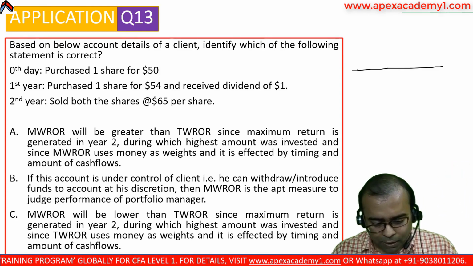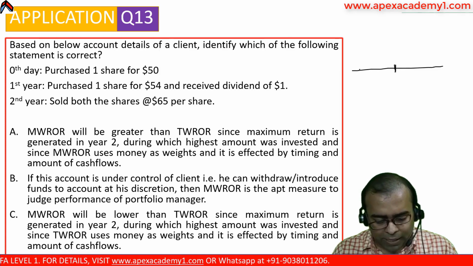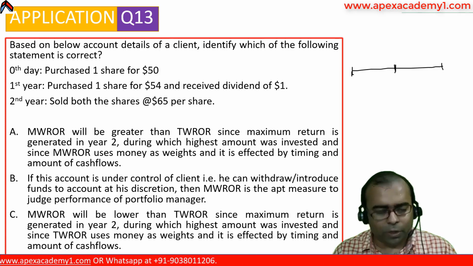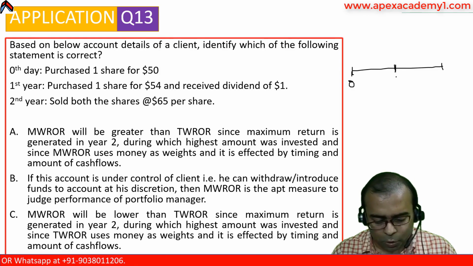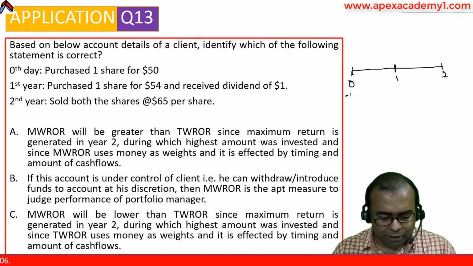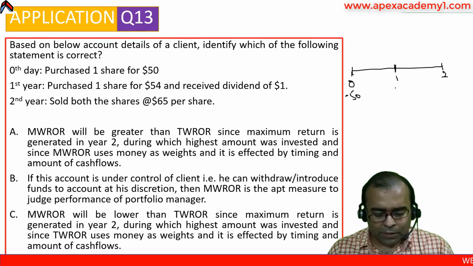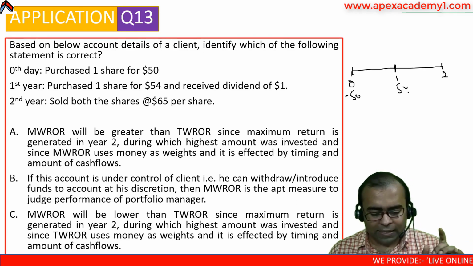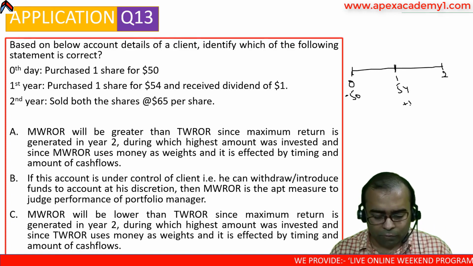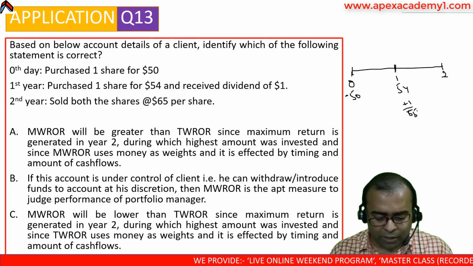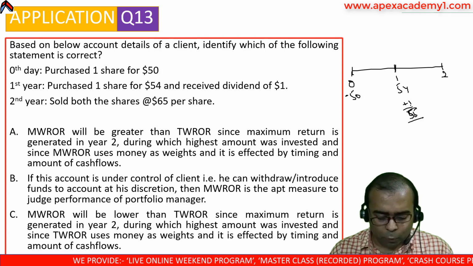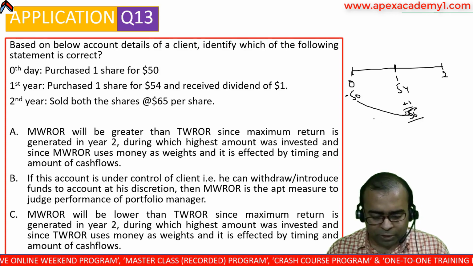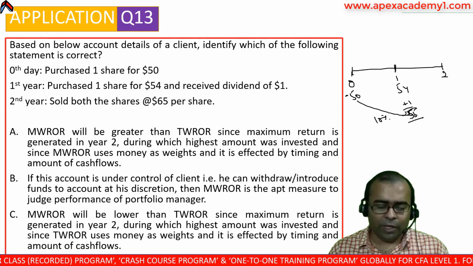This entire investment period can be broken down into two sub periods: the first year and the second year. In the 0th year, I invested $50. The share price increased to $54 and it also offered me a $1 dividend. So the effective income in year 1 was 55, which means a 10% rate of return.